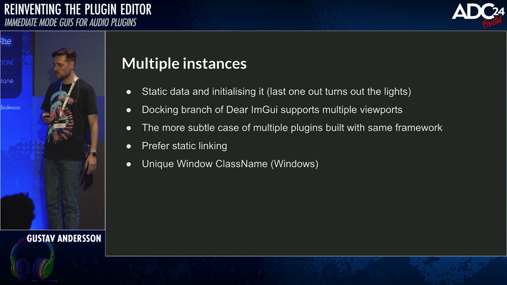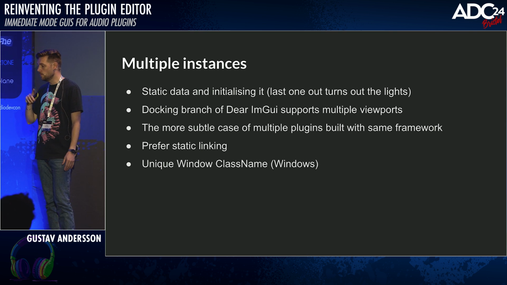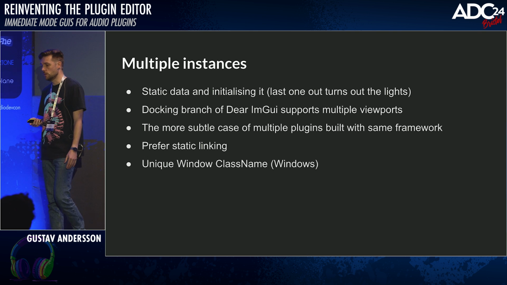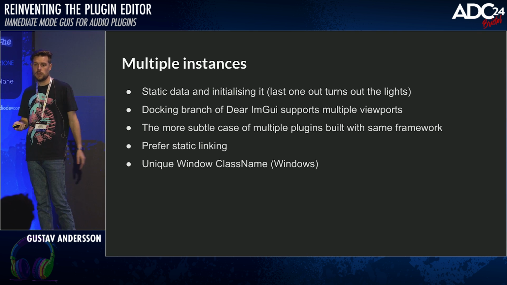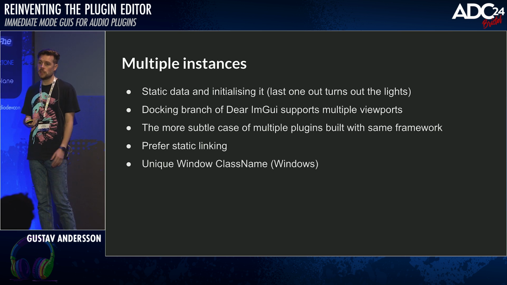I think what JUCE does is basically generate a unique name every time based on time of day. What I did was similar: just have a name and add a randomized suffix to it. You can probably use a UID also, but it should be unique across all plugins basically. So if some other plugin maker makes a plugin with the same window class name, you're also going to run into issues.